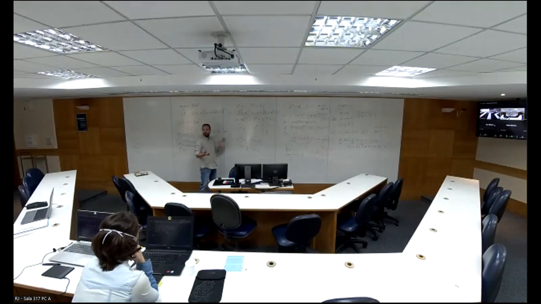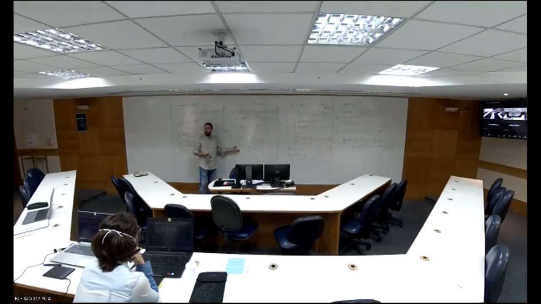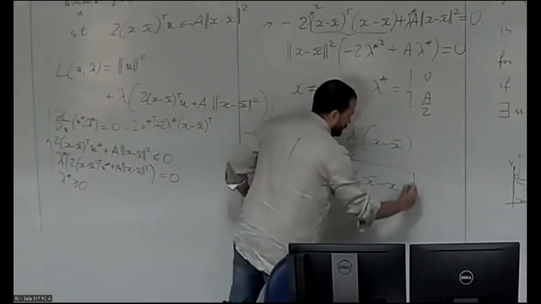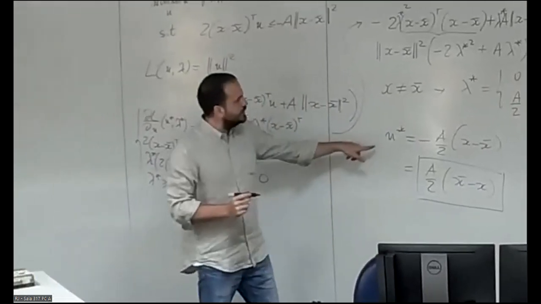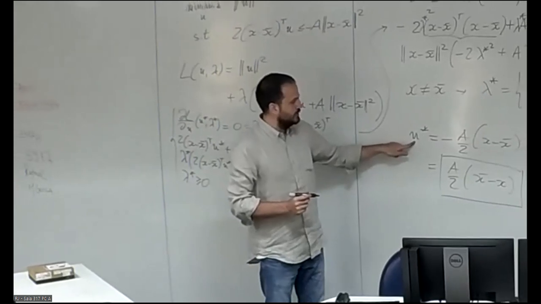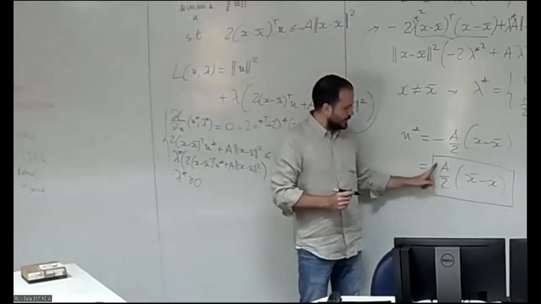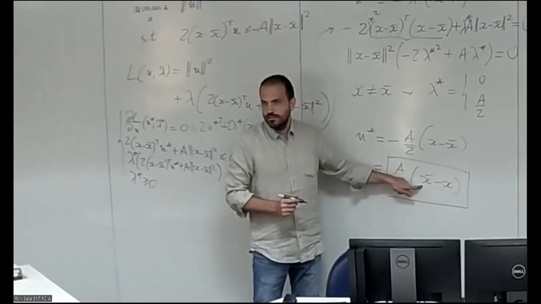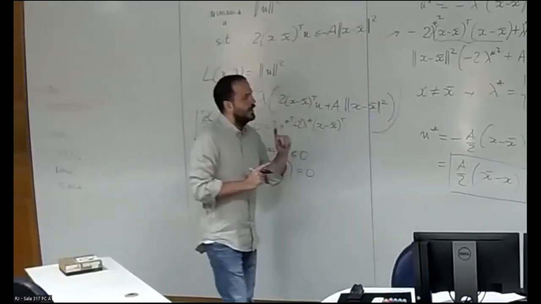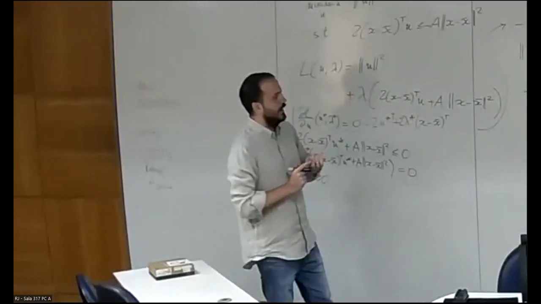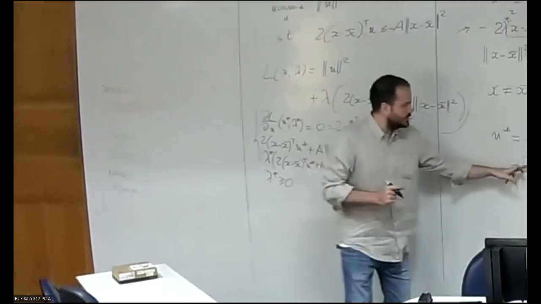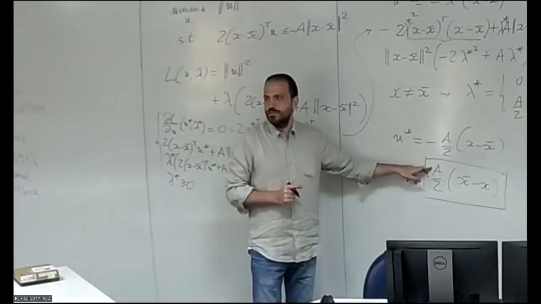So this is our control, as simple as this. This is the optimum control, actually. If we pick u equal to this u star, which is a by 2 times the difference between x bar and x, x will go to x bar at least as fast as the exponential with an a.